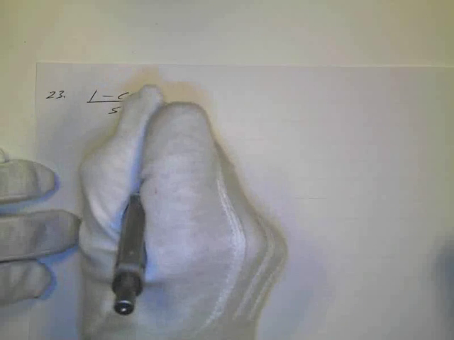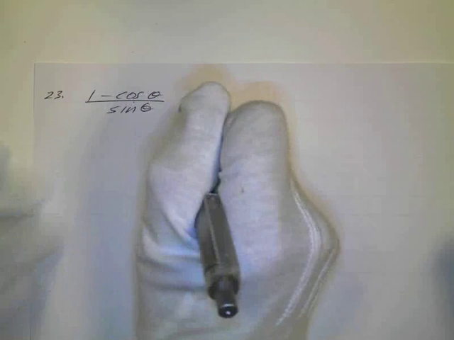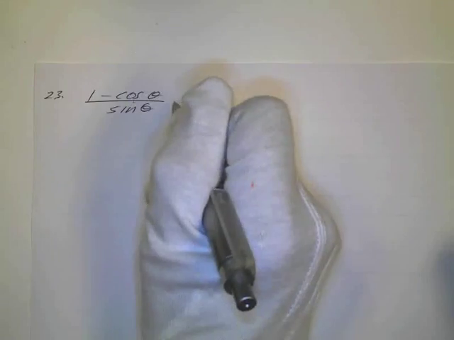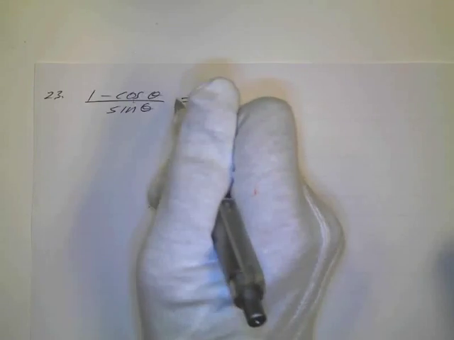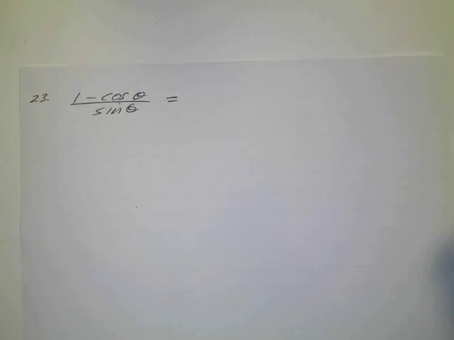Okay, 23. We have 1 minus the cosine of theta over the sine of theta, and we want to show that that equals cosecant minus cotangent. So it's kind of like the last one.